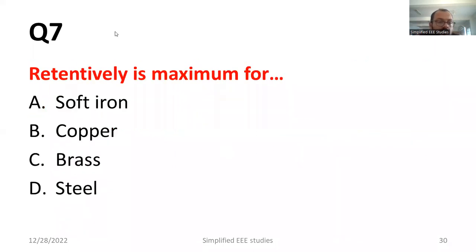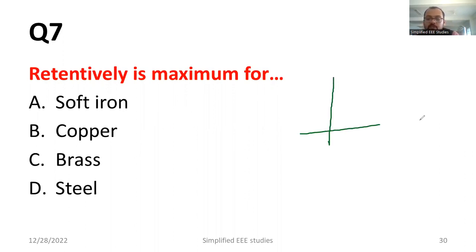So moving further, retentivity is maximum for which material? Retentivity is the ability to hold the magnetic property. For example, we can say a BH curve.